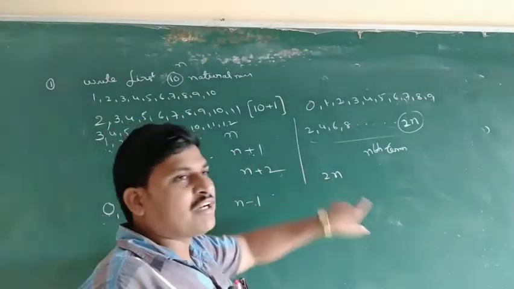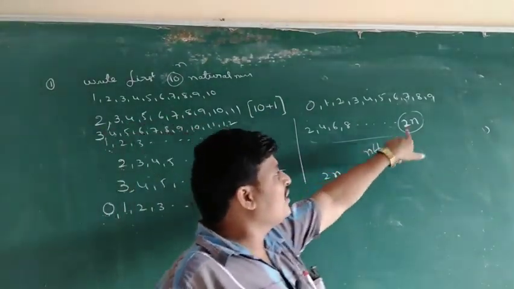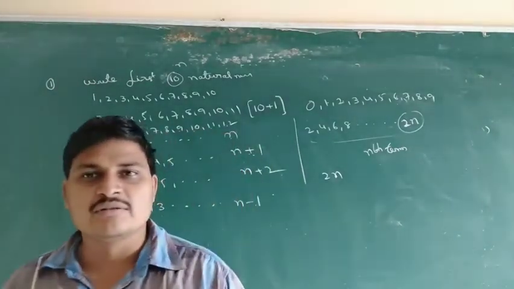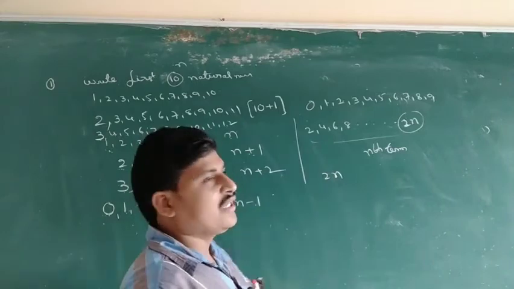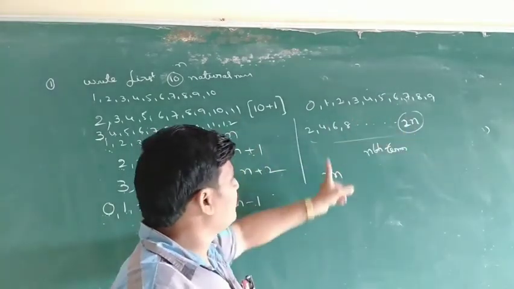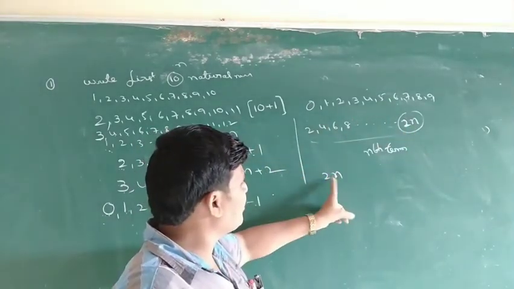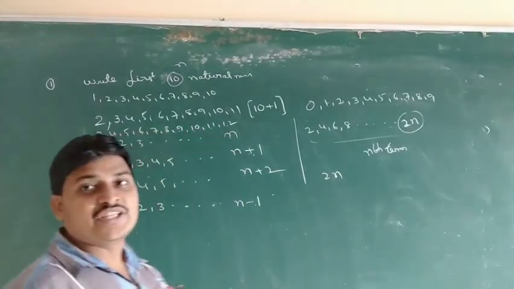Substitute n is equal to 1: first term, 2 into 1, 2. n is equal to 2: 2 into 2, 4. n is equal to 3: 2 into 3, 6. This is the sequence.